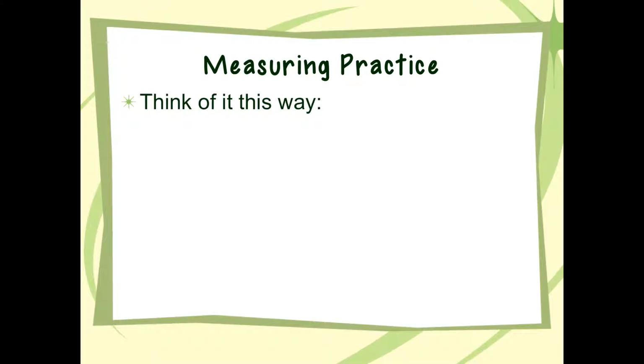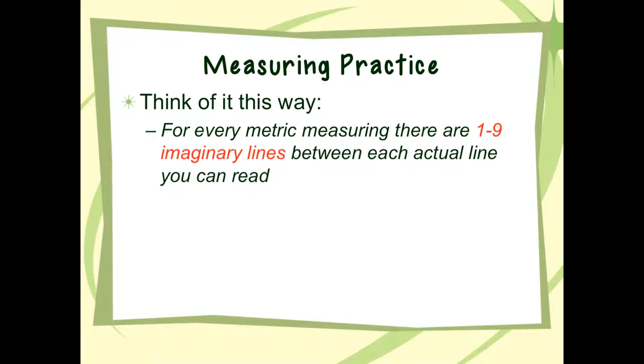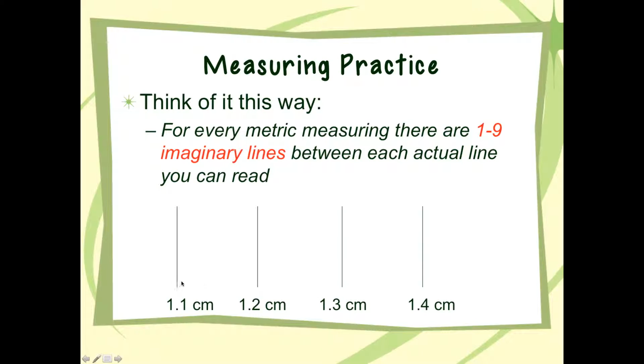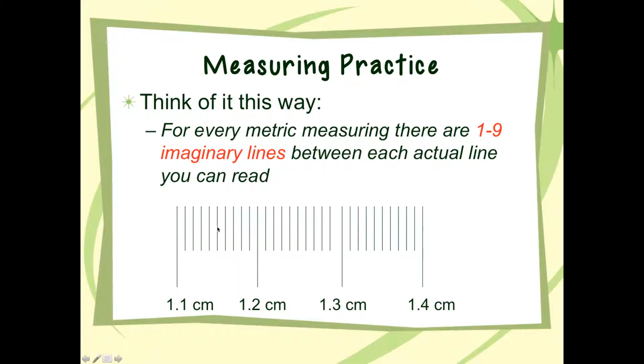Here's another way to kind of think of it. Think of it that for every metric measurement, there are 1 through 9 imaginary lines between the actual lines you can read. So for example, let's say that this was the ruler that we had. So it was 1.1, 1.2, 1.3, 1.4. There are imaginary lines in between there that represent the rest of that metric measurement.